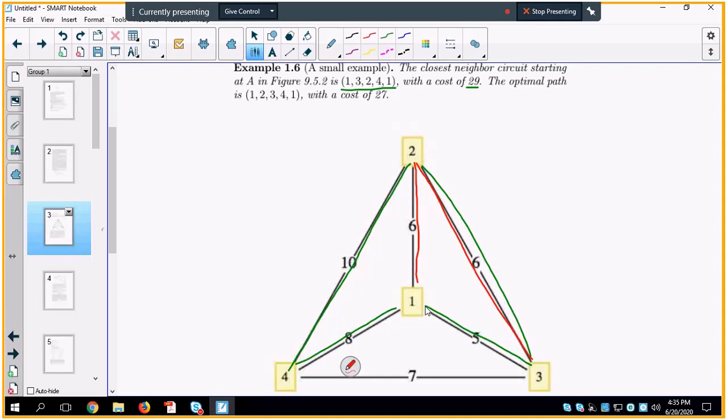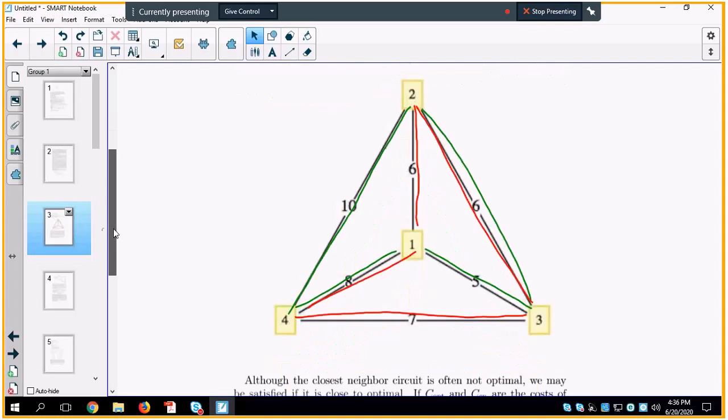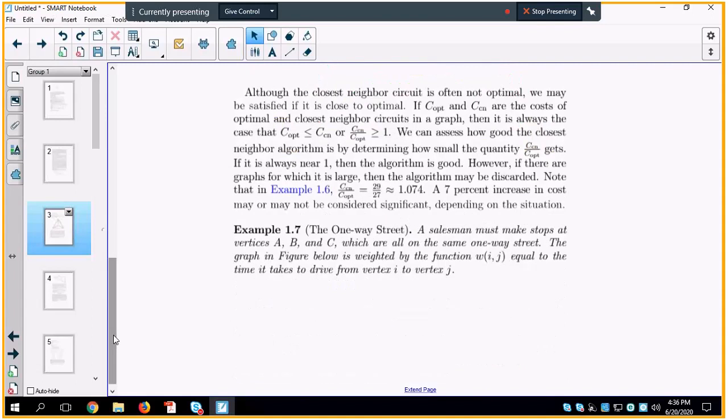And then from 3 we go to 4, and from 4 we go to 1. So eventually it's 6 plus 6 is 12, plus 7, 19, plus 8, 27 is the cost. And this is the optimal path, or the optimal circuit, starting at 1. But the closest neighbor algorithm could not find it. Okay, so that was just a simple example.